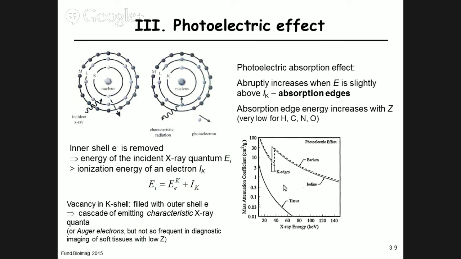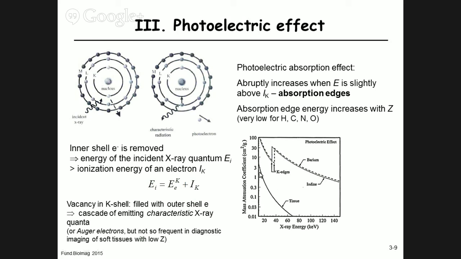And so what we see here now is an example. This is the mass attenuation coefficient for barium and iodine. You see the absorption decreases, and then here you get this discontinuity. That's where the energy of the photon corresponds to the K-shell energy of the electrons. These are the so-called K edges.